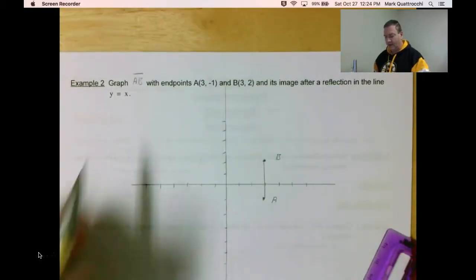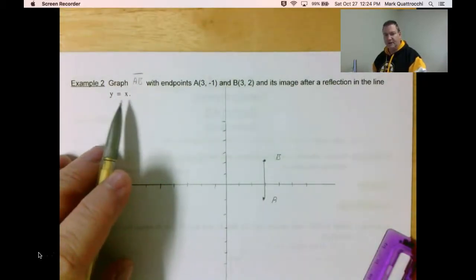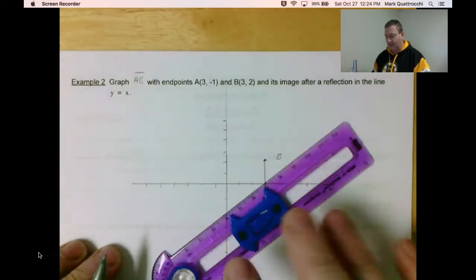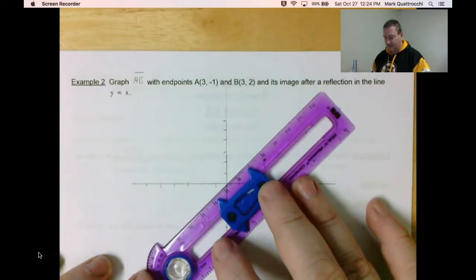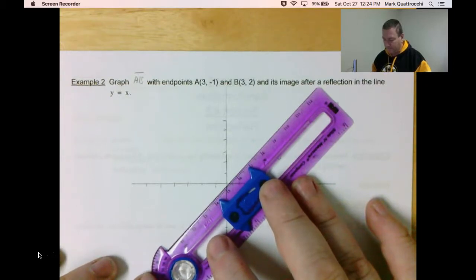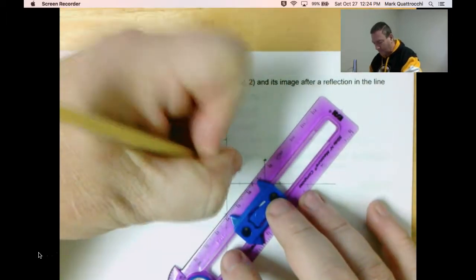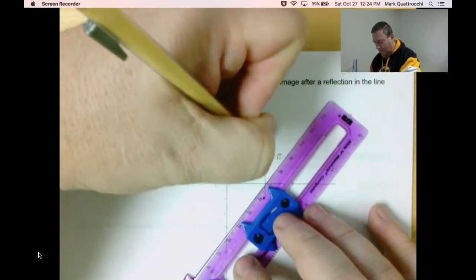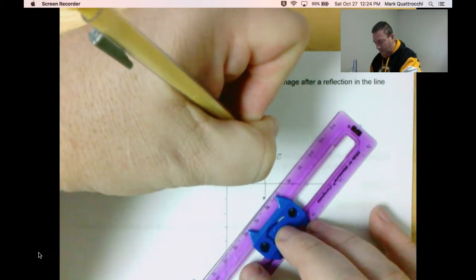And I'm going to graph the reflection in the line y equals x. So where is the line y equals x? The line y equals x goes through (0, 0), (1, 1), (2, 2), (3, 3).